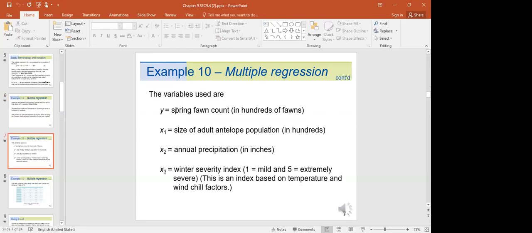So we are going to say the spring fawn count is the dependent variable y. The size of adult antelope in 100 is x1. The annual precipitation, x2. And the winter severity, we will make it from 1 to 5. You have seen that sometimes in some surveys. So we want to establish a correlation between the spring fawn count and the size of adult antelope, annual precipitation, and winter severity.